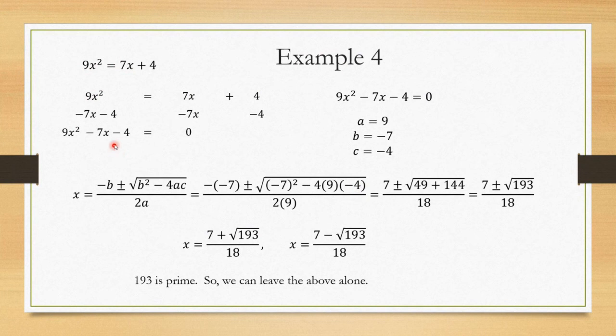This looks kind of nasty to factor, but A would be 9, B is negative 7, and C is negative 4, okay? So we go down to the formula: negative B, which is negative negative 7, plus or minus the square root of minus 7 squared minus 4 times 9 times minus 4, over 2 times 9.